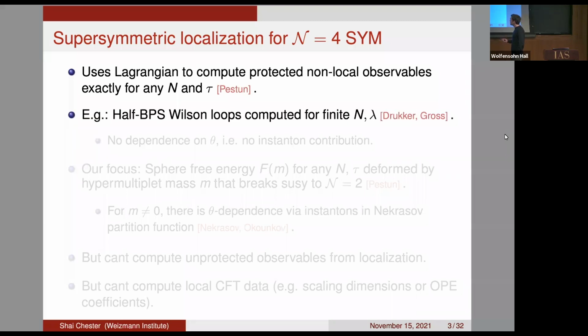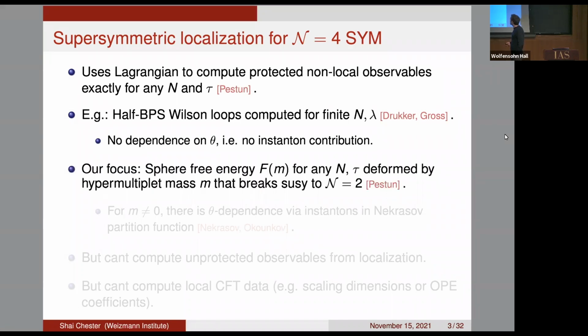For instance, you can use localization to compute half-BPS Wilson loops for any value of N as well as any value of lambda. But for this quantity, there's actually no dependence on theta. There are no instanton contributions.